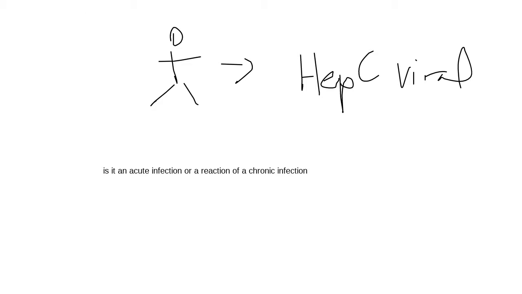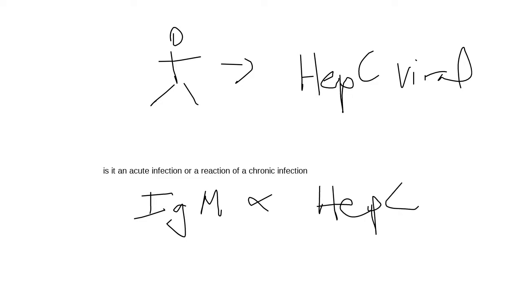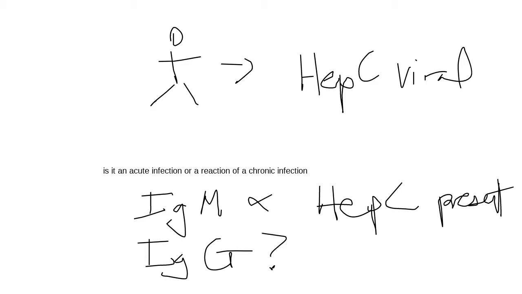Well, you follow up. Is IgM against Hep C present? Okay. And what's the answer? And what about IgG? Okay. So if I tell you that this person does not have IgM against Hep C, only has IgG against Hep C, what does that tell you?